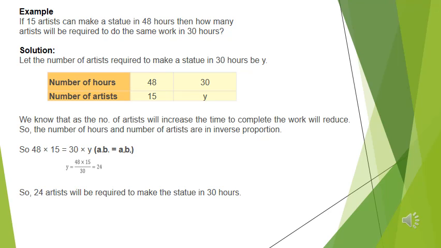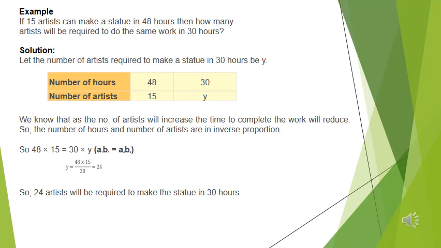Here the number of hours is 48. In 48 hours, 15 artists can do that work. But when we have less time, we have to increase the number of artists. So we arrange these terms according to inverse proportion, that is a1 × b1 = a2 × b2.